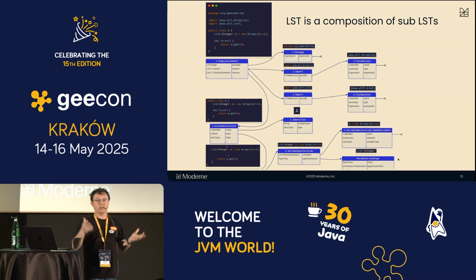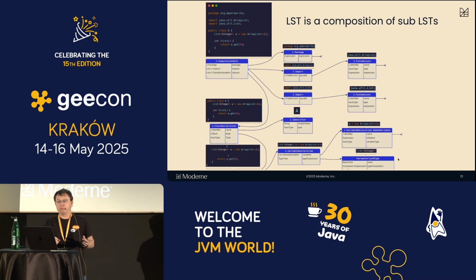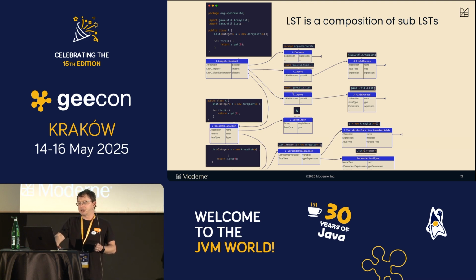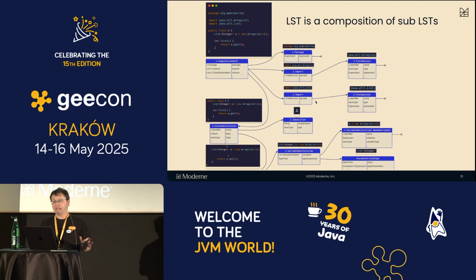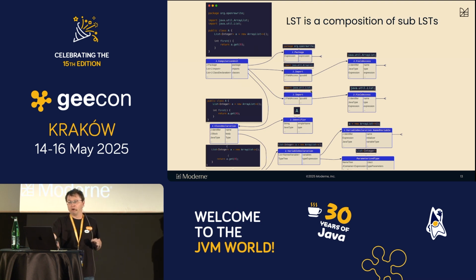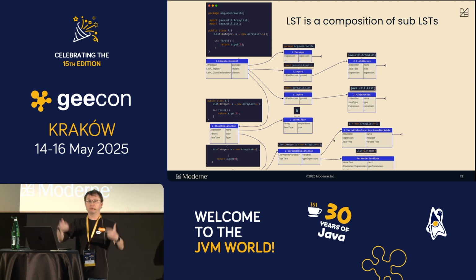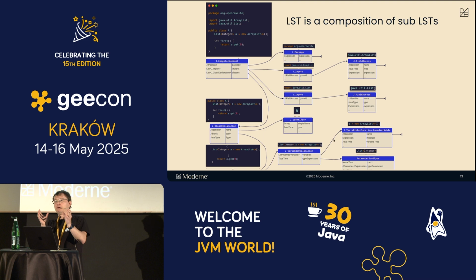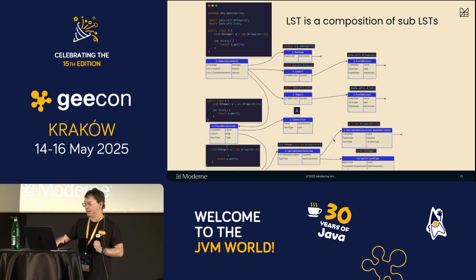The LST tree is a composition of subtrees. And after this, when we have this LST representation, we can visit all these subtrees, all sub-elements, and analyze them, or later on modify them and produce a new LST element or node of this tree. But that will be the next step.